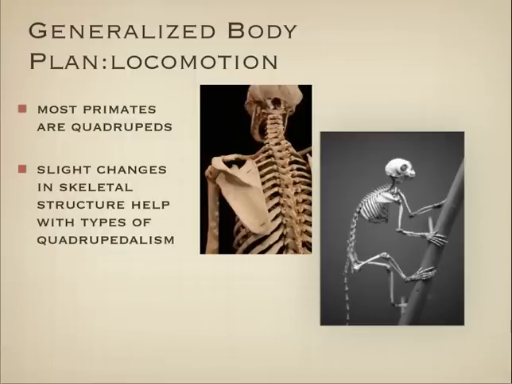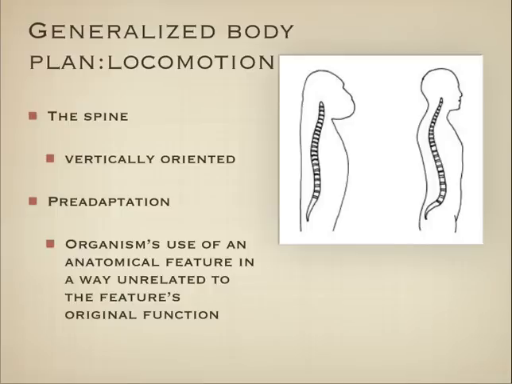Let's look at some other details of our body plan. Specifically, what I want to talk about is something called pre-adaptation. A pre-adaptation is a use of an organism's anatomical feature in a way unrelated to that feature's original function. For example, the vertebrae. The vertebrae's original function was to protect the spinal cord.